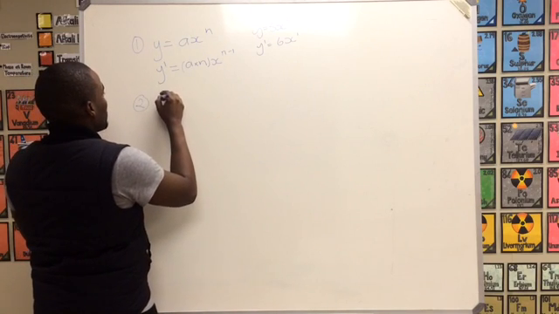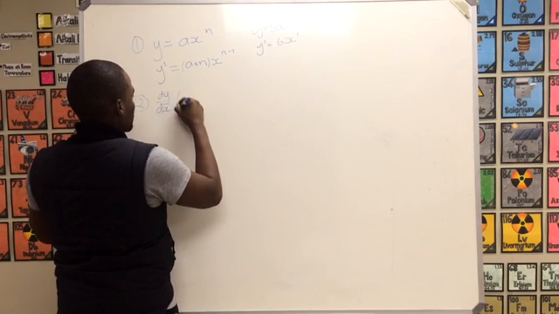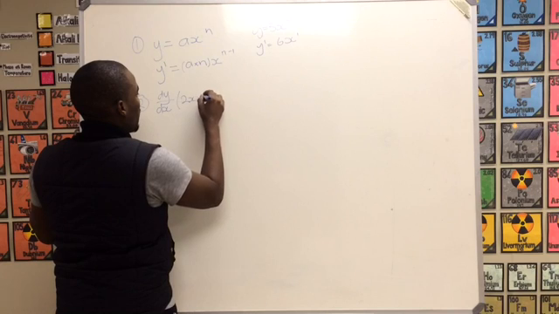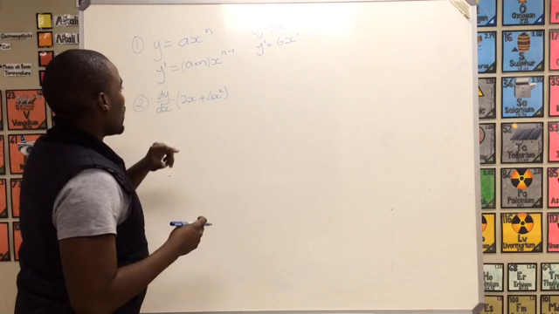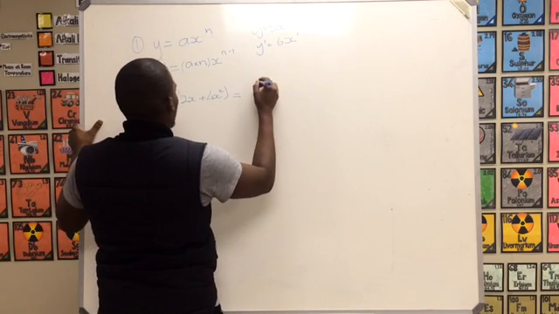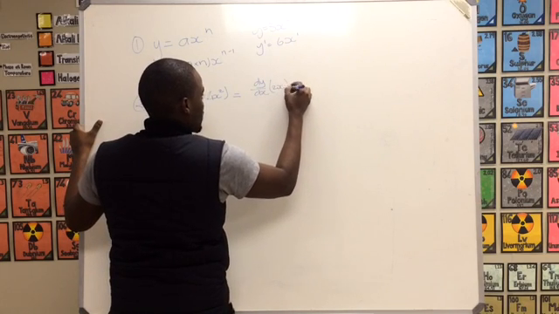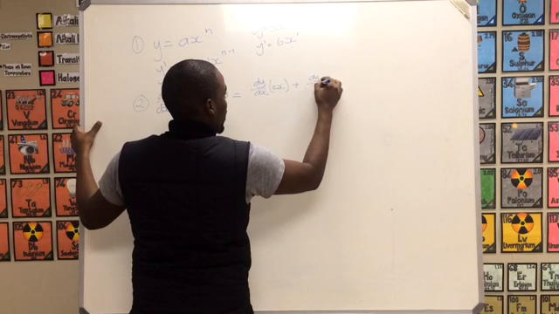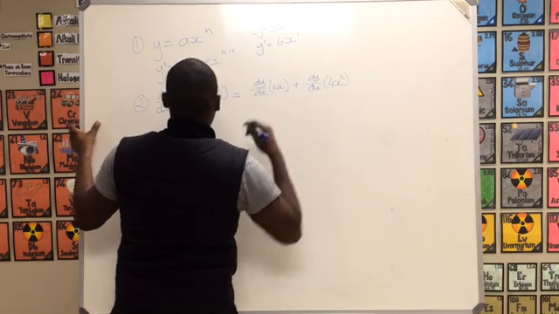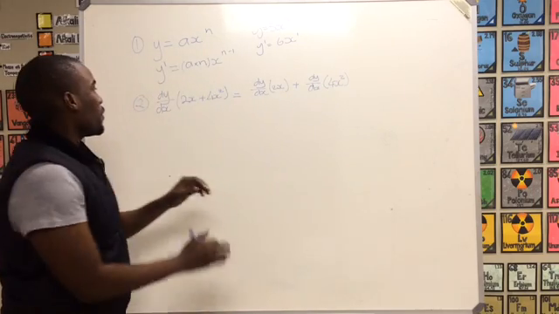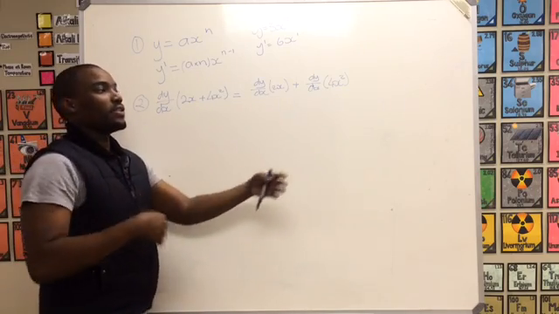So if I said, find dy by dx of 2x plus 4x squared, that now would be the same as finding my dy by dx of 2x plus my dy by dx of 4x squared. So if I'm asking you to find the derivative of more than one term, what you can do is derive each of the terms separately and then just add the answers.